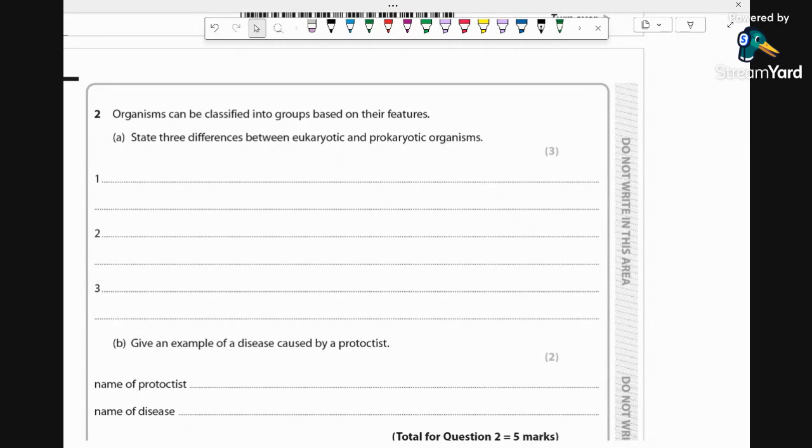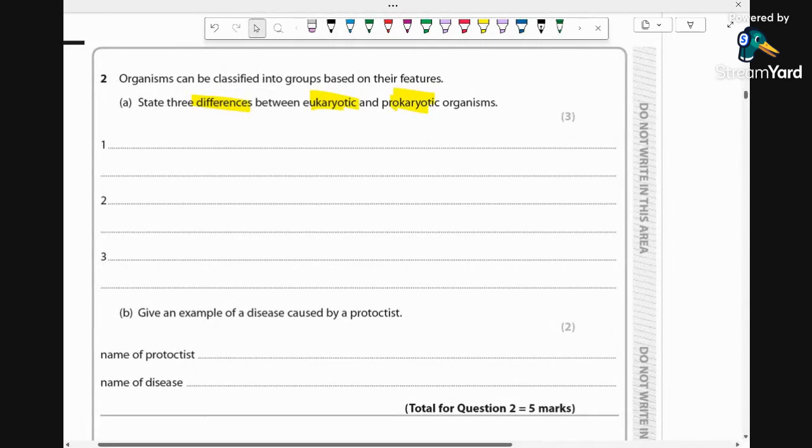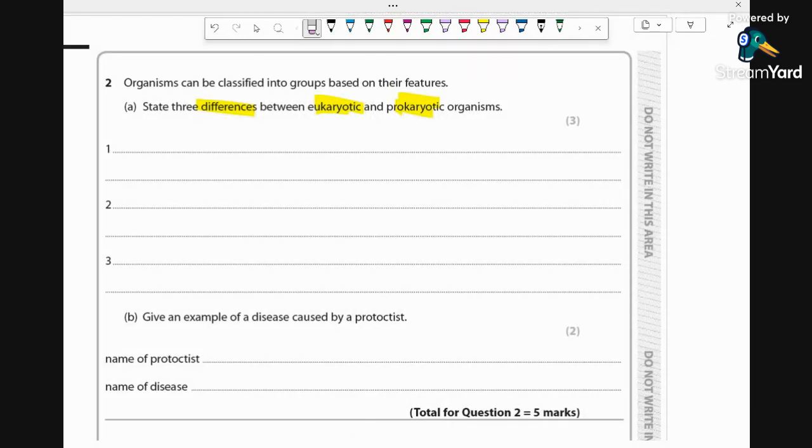Organisms can be classified into groups based on their features. State 3 differences. Okay, so I need differences between eukaryotes and prokaryotes in terms of organisms. Okay, the first one, I think the most obvious one, is to say that eukaryotes have a membrane bound, that's important, nucleus.